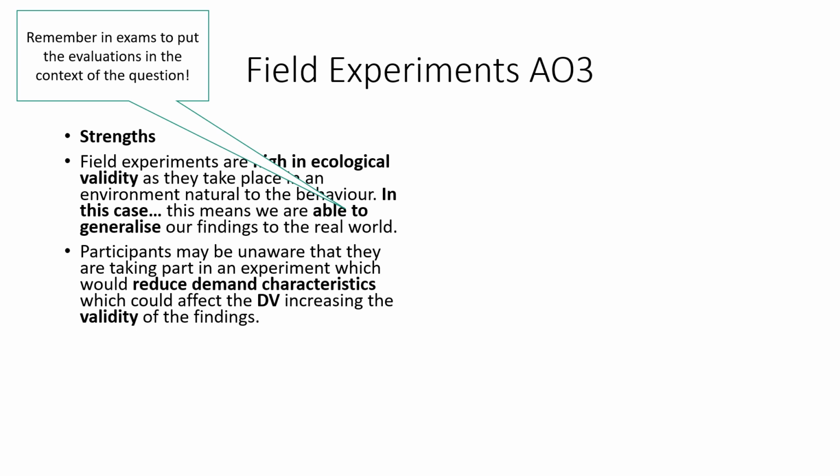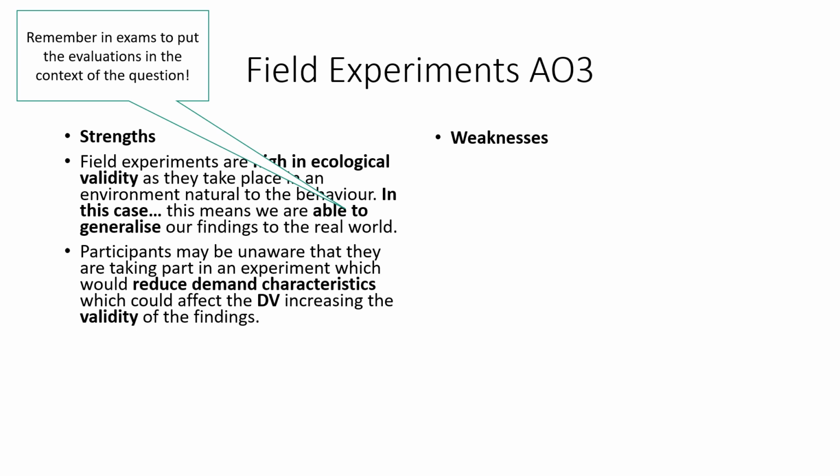Also, it reduces demand characteristics. If you've got people in a really controlled environment, watching them behind a two-way mirror, which sometimes does happen, they're certainly going to act differently. Whereas if you've got them in their natural school or work environment, they might act a bit more naturally, and so you're going to reduce these demand characteristics.